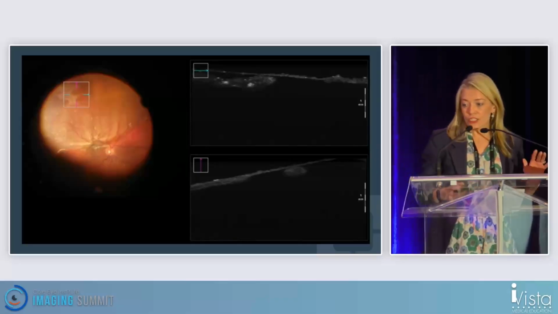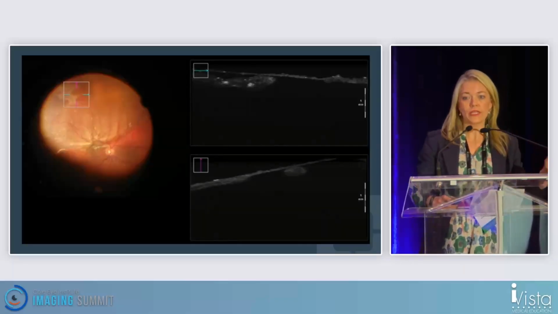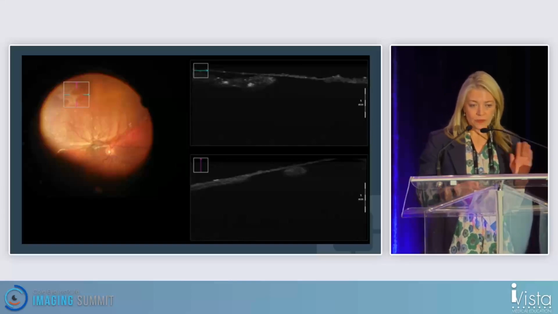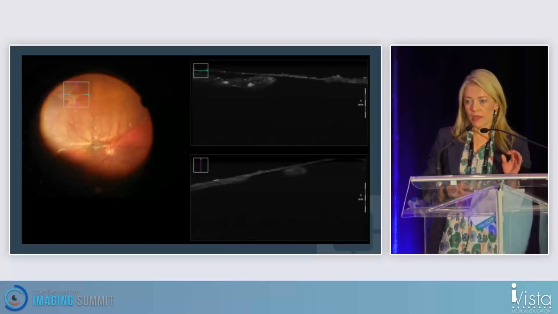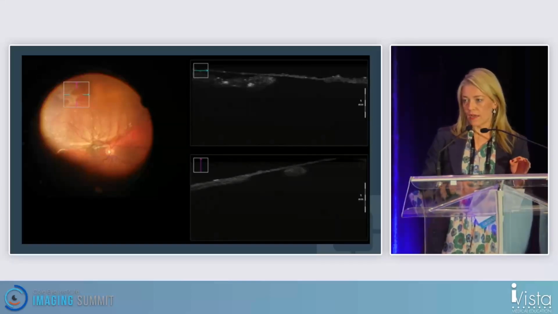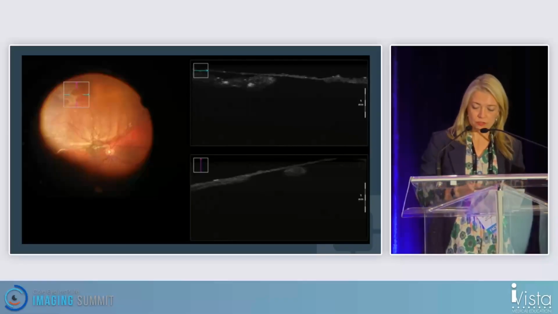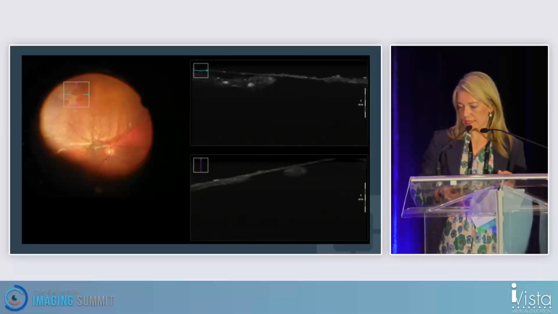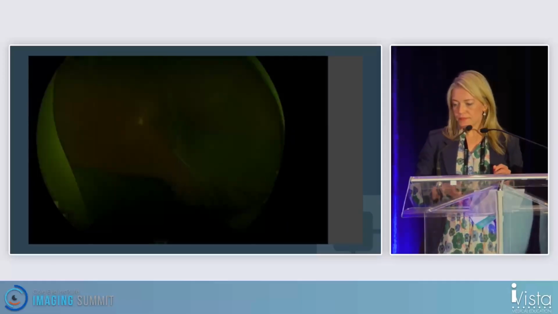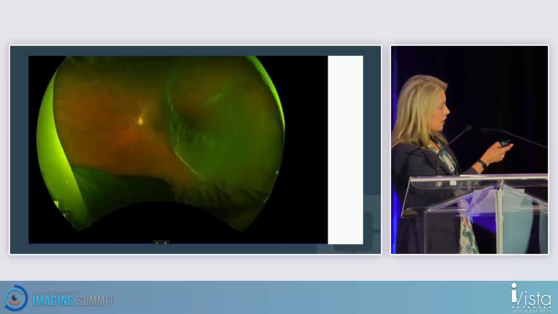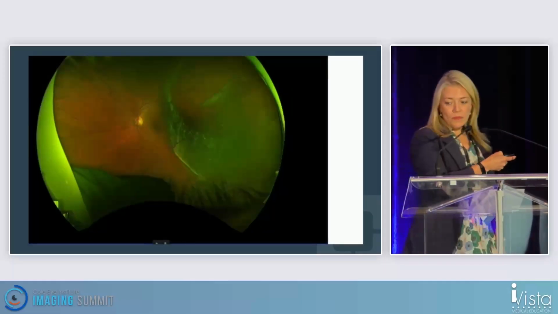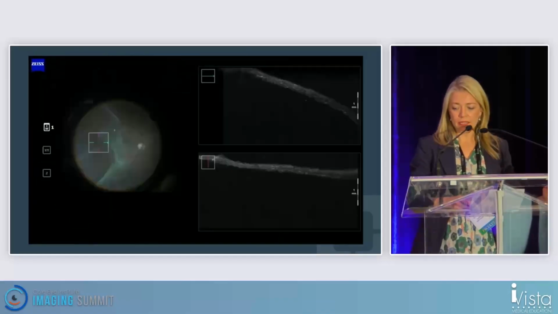But the inner retinal defect was actually totally elsewhere. And you really want to be careful about creating unnecessary holes in the retina as you're trying to drain these cases. So I'm going to share this case. And here you can see this large outer retinal defect, but it was very hard to find the inner retinal defect.